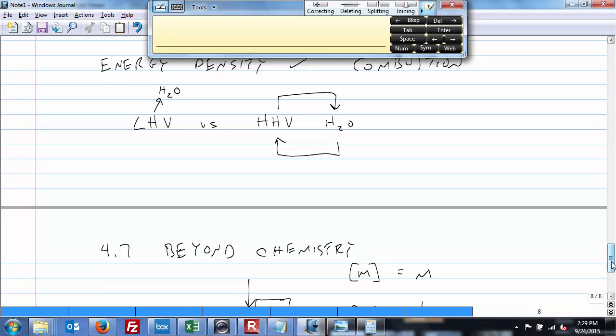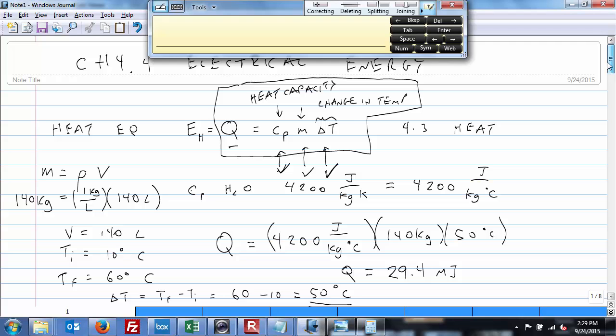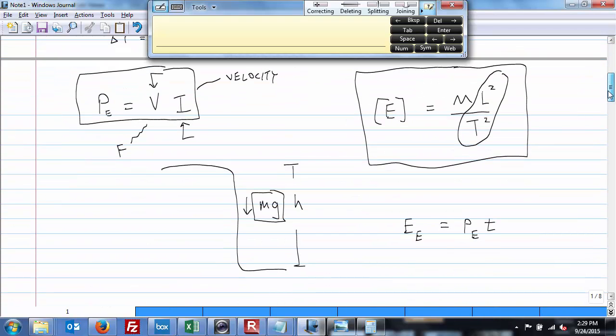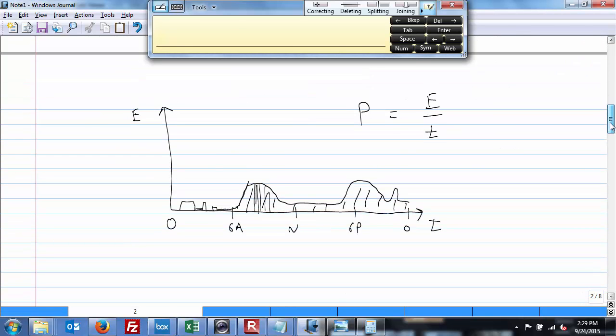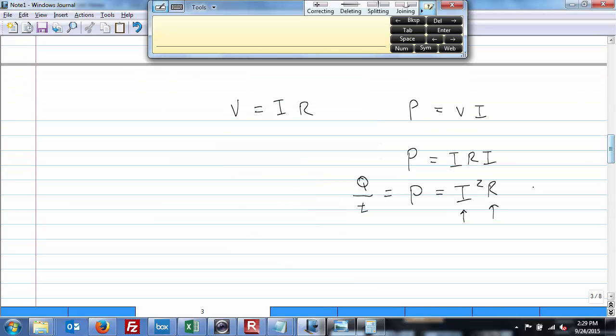Obviously, the unifying theme here in all of them is just energy. We started out with heat. We moved on to electricity. We tied those two together. We even looked at kind of a power bill scenario. We tied heat and electricity together right here.